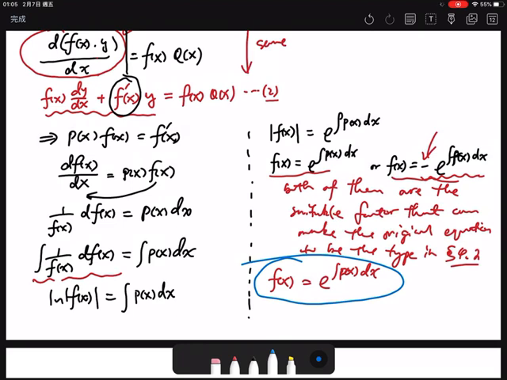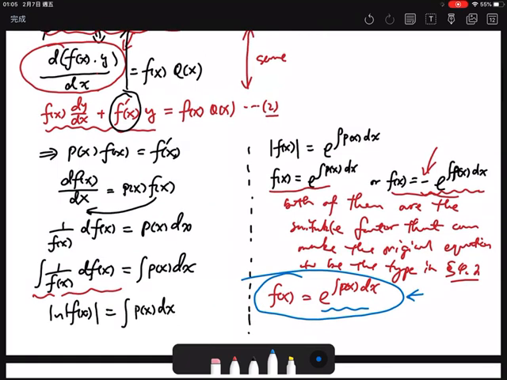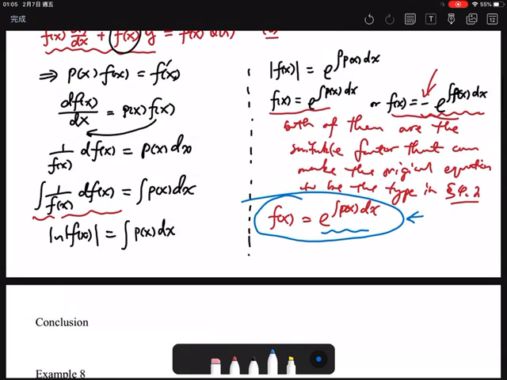Now we have found the suitable factor. When you come across a differential equation like this, dy by dx plus p(x) times y equals q(x), firstly you may think whether we can use the way in section 4.1.